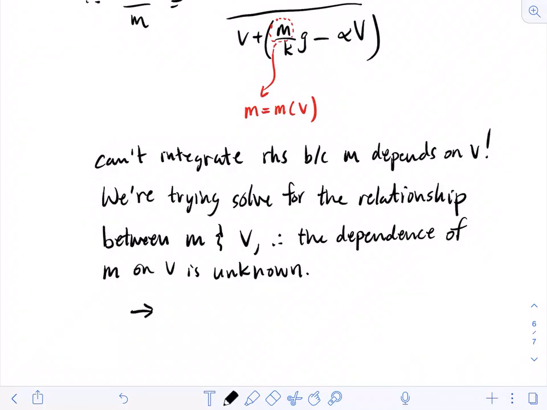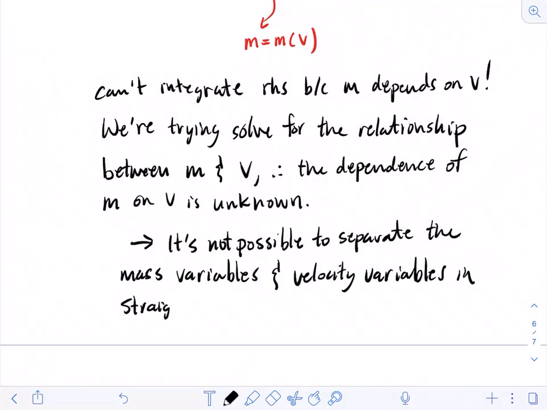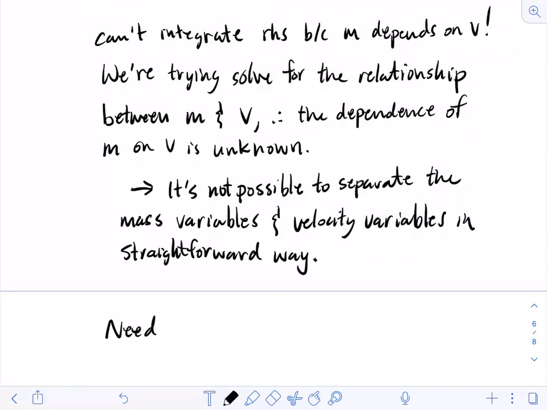And so it's not possible to separate the mass variables and the velocity variables in a straightforward way. So what we need is a new approach.